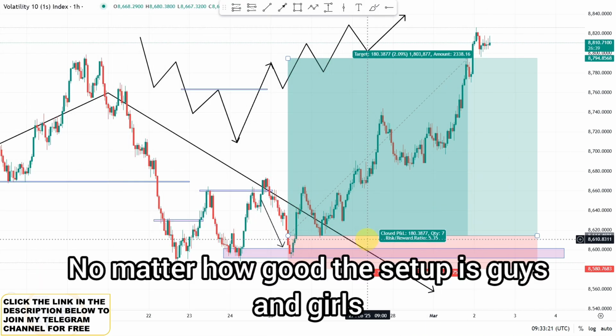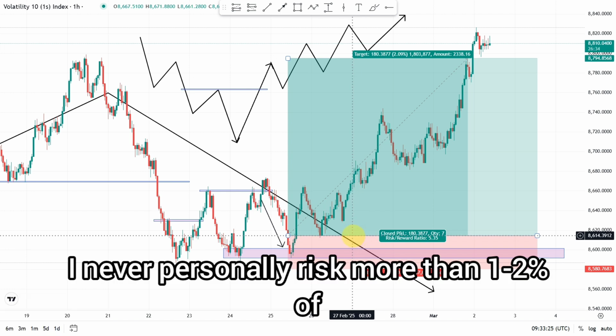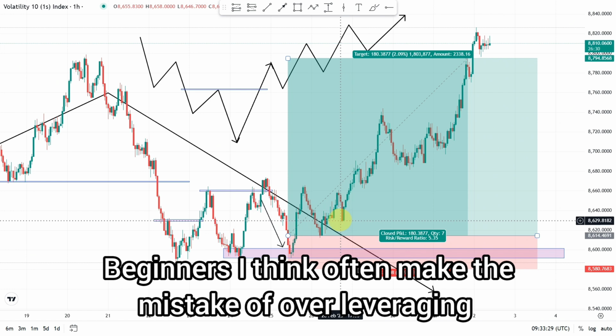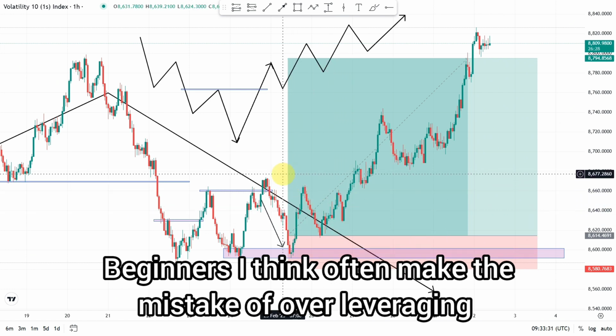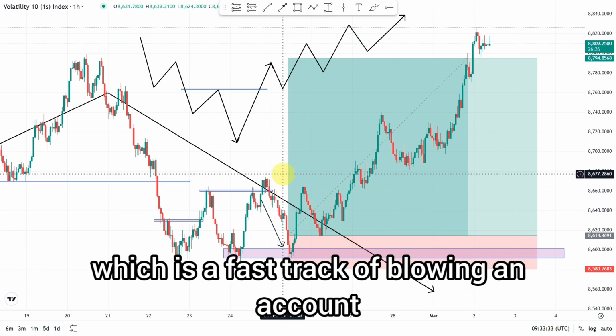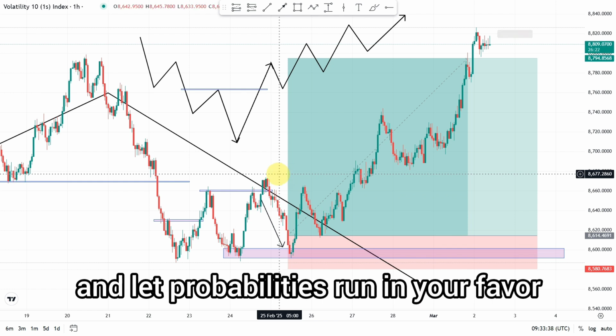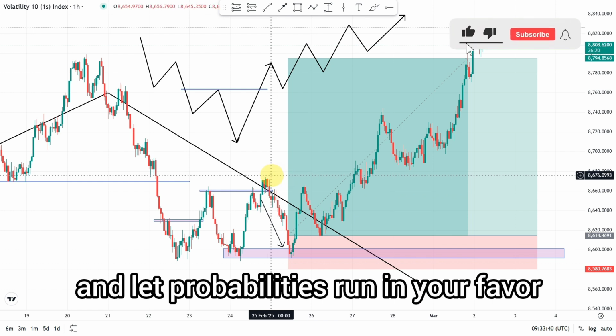No matter how good the setup is, guys and girls, I never personally risk more than 1 to 2% of my account on a single trade. Beginners, I think, often make the mistake of over-leveraging, which is a fast track to blowing an account. You have to always play smart, protect your capital, and let probabilities run in your favor.